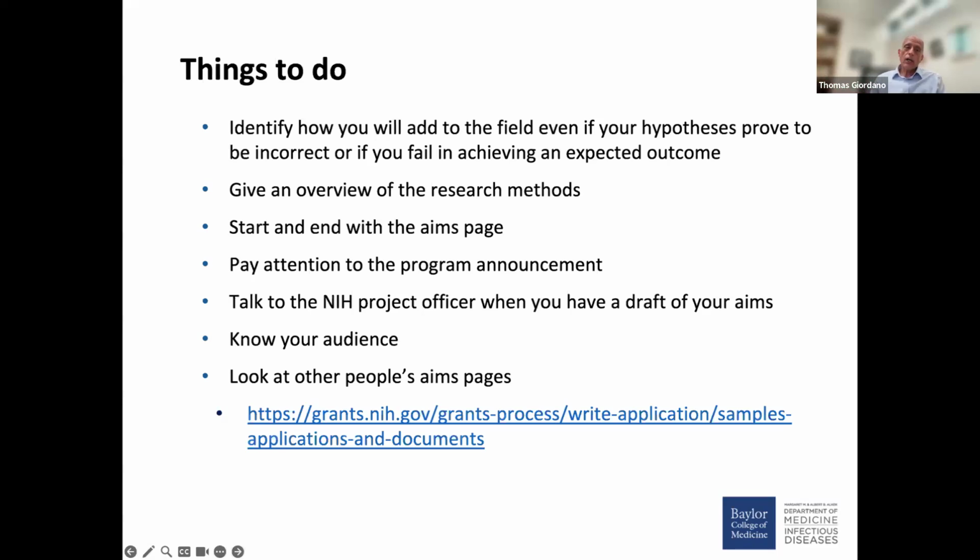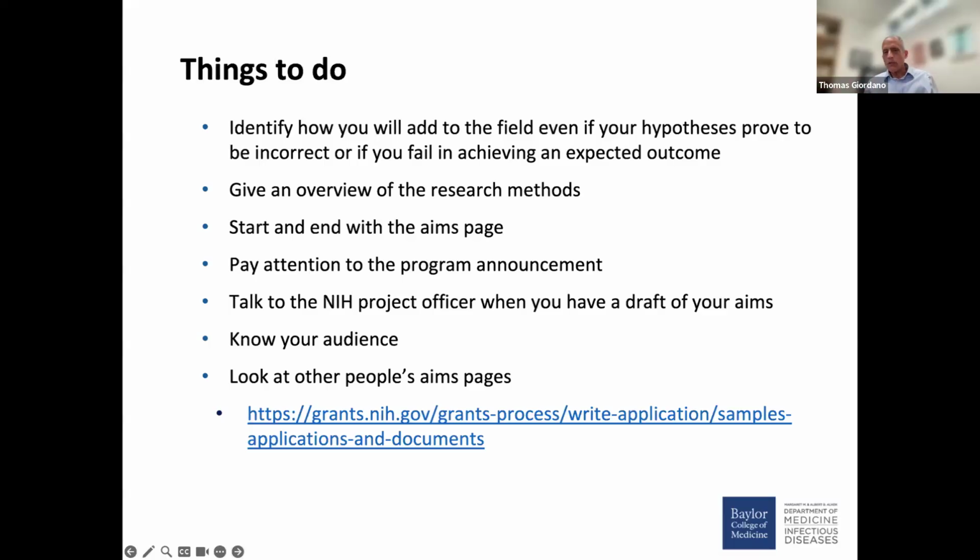Along those lines, every program announcement at the bottom will have people you can reach out to at NIH, the project officers. They're not going to help you write the aims page. You have to have an aims page to send to them, a draft, but do that and then set up a time to talk to them and see what they think.